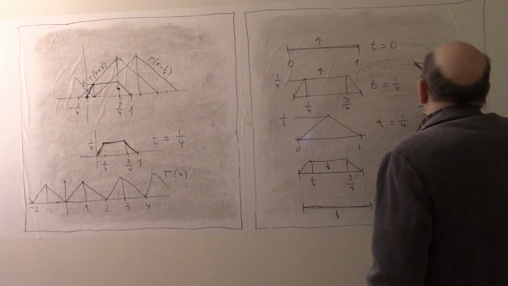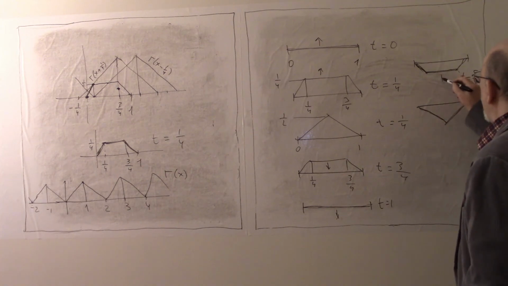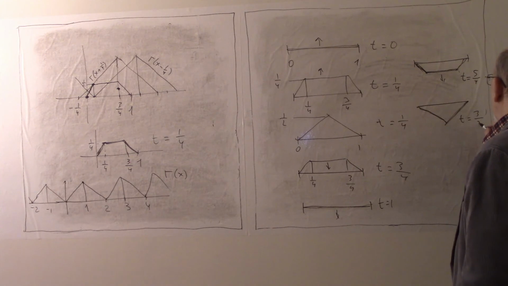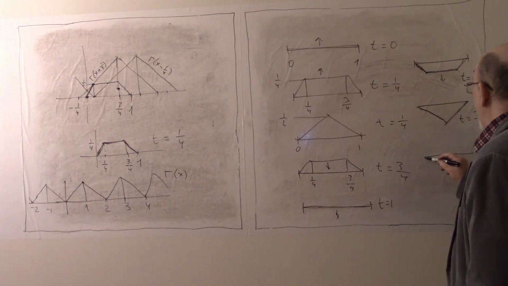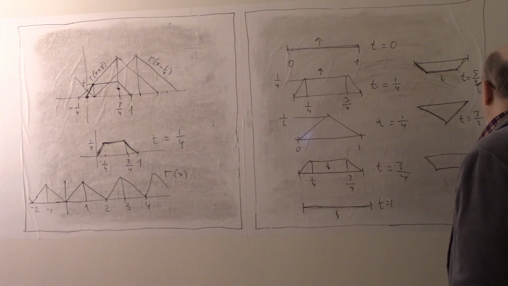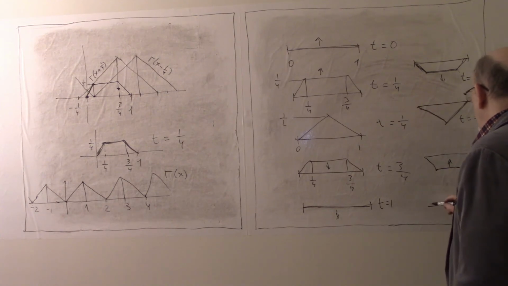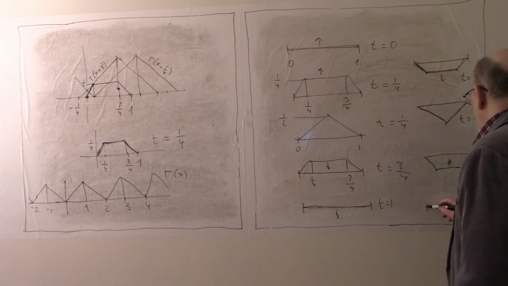Then we have this picture. Yeah, it is going down. Then we have this picture again, but this time it goes up. T equal 8/4. And then you have the initial picture for t equal 2.